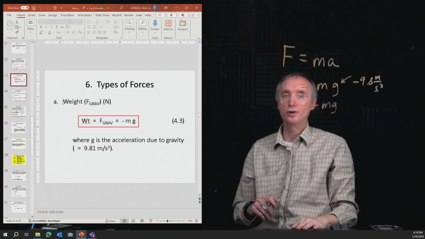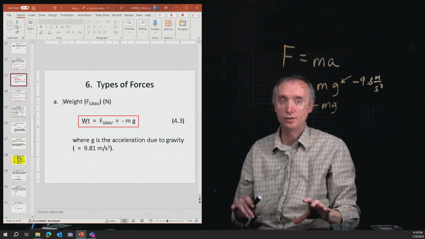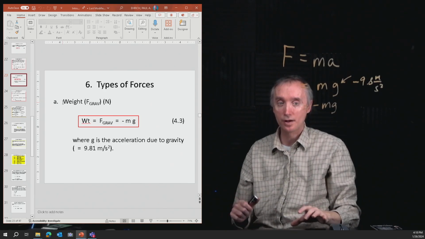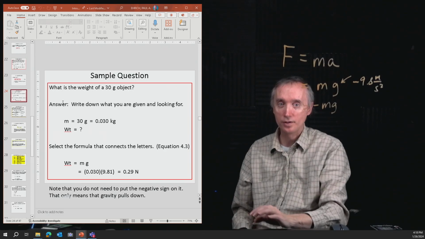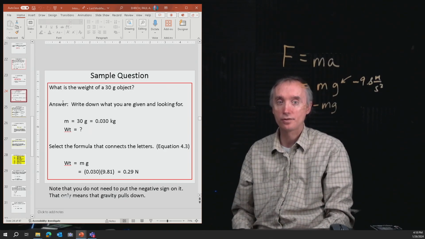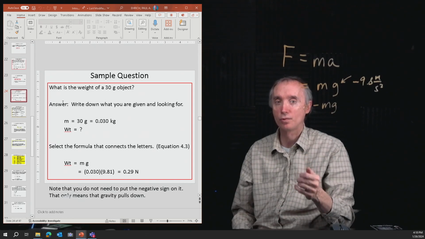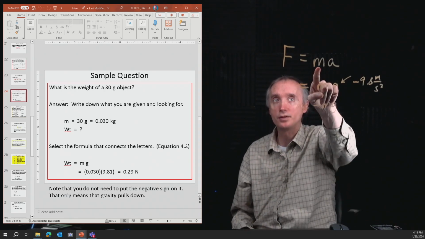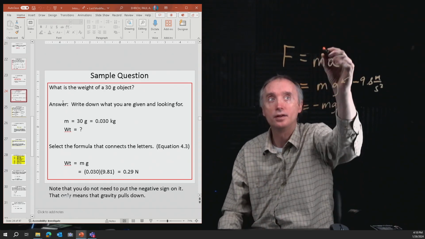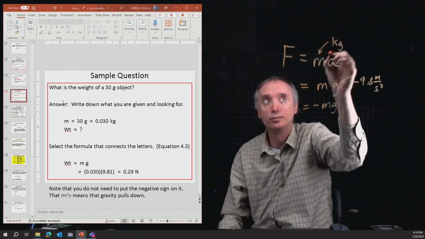So I did want to point out a couple of things. One is how to calculate the weight of an object, so that's going to be on the exam. What is the weight of a 30-gram object? Now notice it's the wrong units, because the official metric unit for mass is always the kilogram.